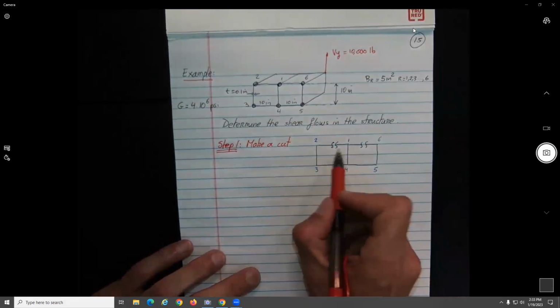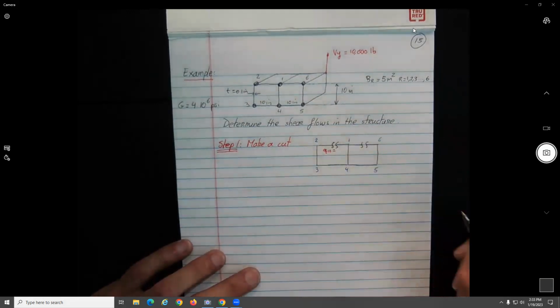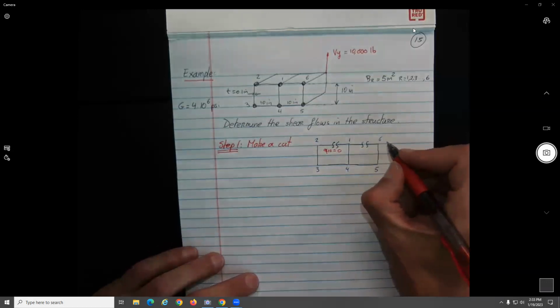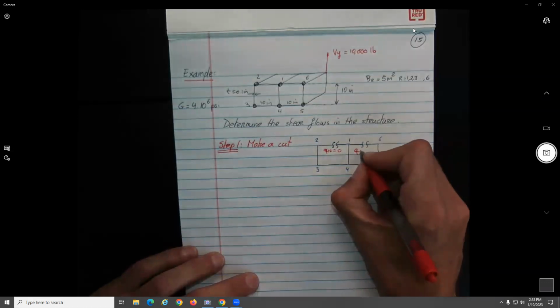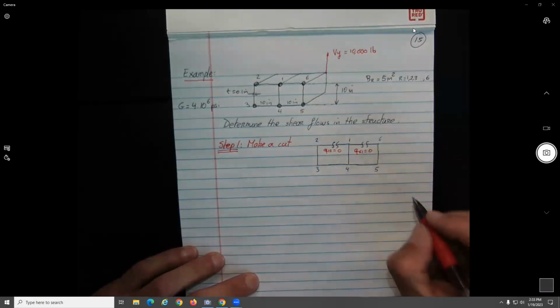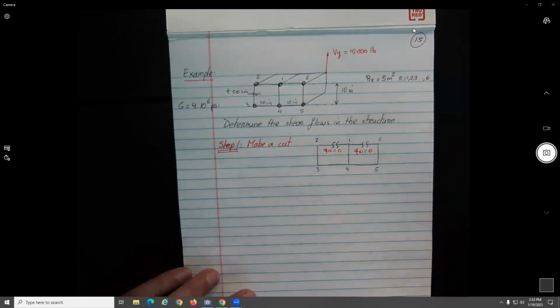If we make the cut over here, what's going to be the shear here? What is going to be Q12? 0. Right, perfect. I'm not asking anything complicated. And what's going to be Q61? This one will also be 0. So why do we make the cut? So we have a starting point.